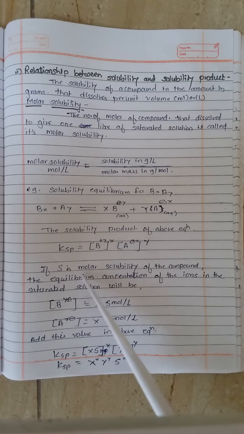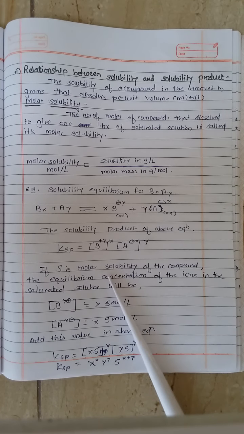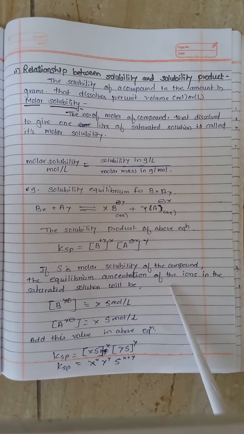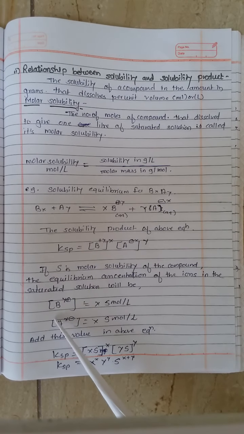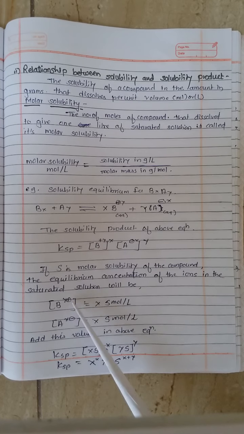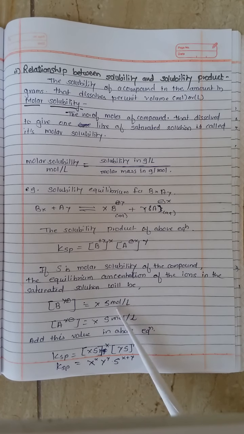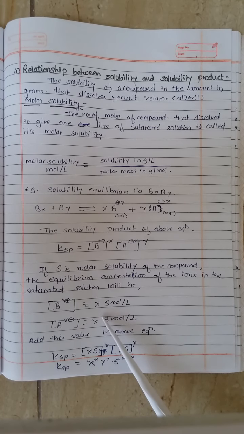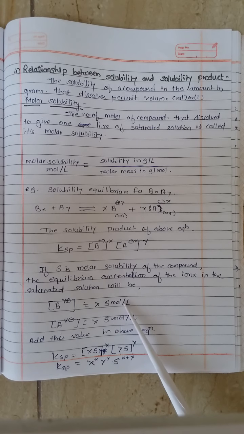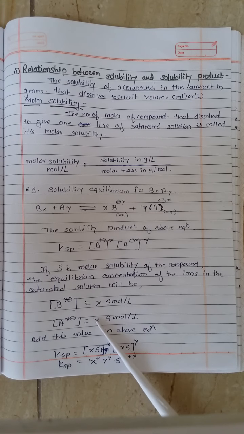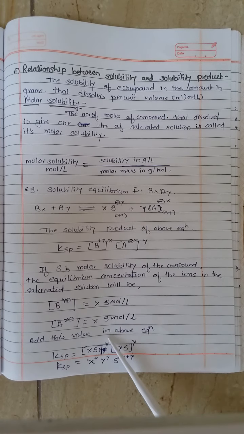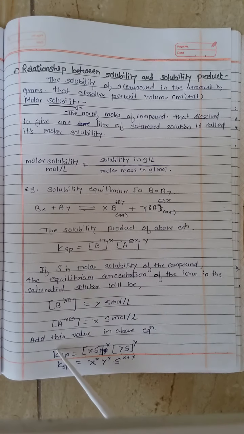If S is the molar solubility of the compound, the equilibrium concentration of the ions in the saturated solution will be: concentration of B raised to y plus gives xS moles, and A raised to minus gives yS moles per liter.